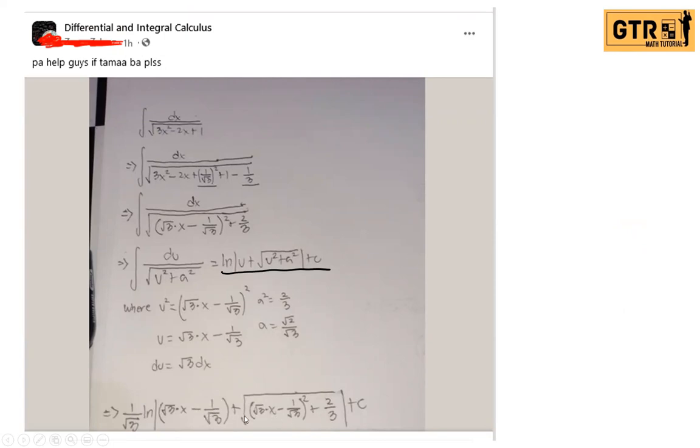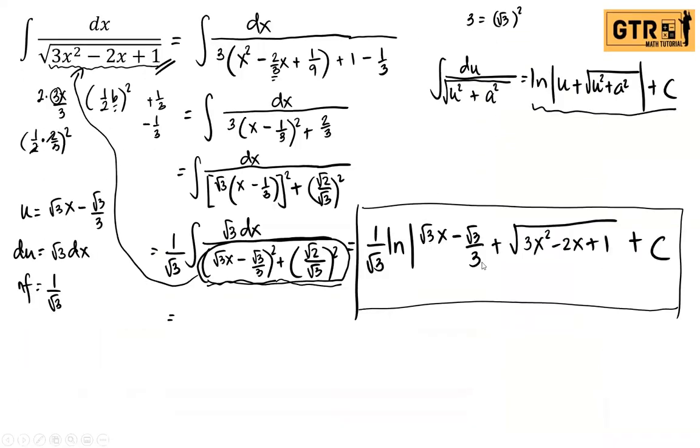And this term is equal to the original, 3x squared minus 2x plus 1. So, they asked, is it correct please? Your answer is correct. We can simplify this because it originally came from here, so we just return it to the original u squared plus a squared. The square root of 3x squared minus 2x plus 1 is the original, it came from here. This one, square root of 3 times x minus, this is the u squared plus a squared. It is the same. Therefore, the answer is correct.